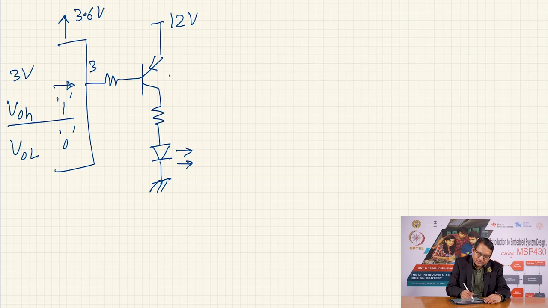Even with 3 volts here, this transistor is always going to be forward biased, and so this switch will always be on, and therefore it is not possible to control this LED; we cannot turn it off if the voltage is high. It will be turned on if the voltage is low, as we have seen, but outputting logic 1 on this pin will never turn this LED off, and therefore we have to find an alternative way to control this high side switch.